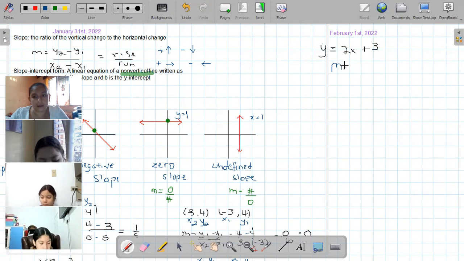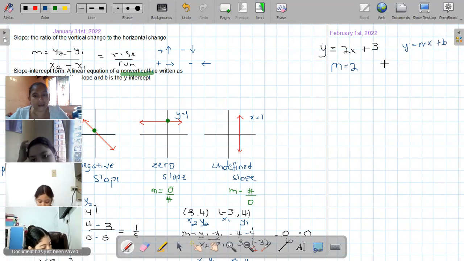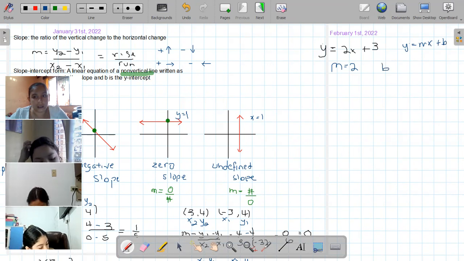In this case, it is the number 2, because it is y equals mx plus b. I'm gonna write it over here. We can also determine that b is the constant. In this case, it is 3.